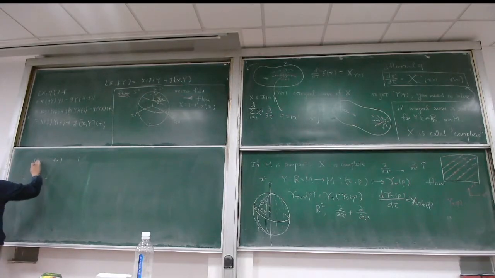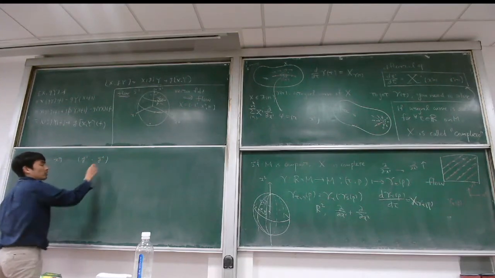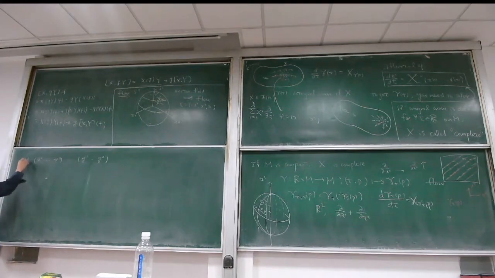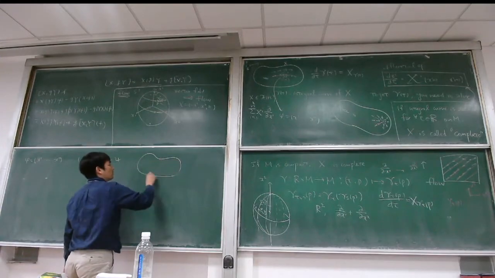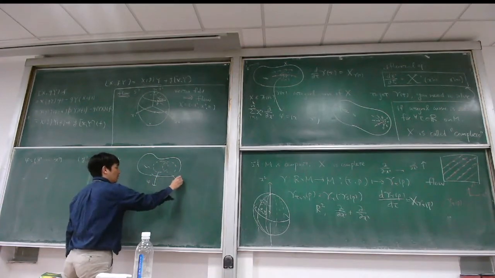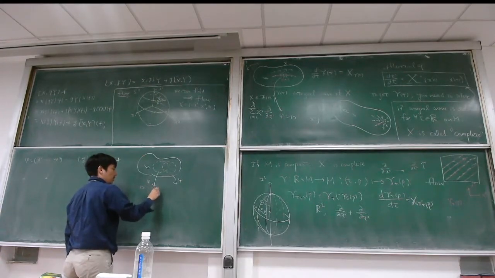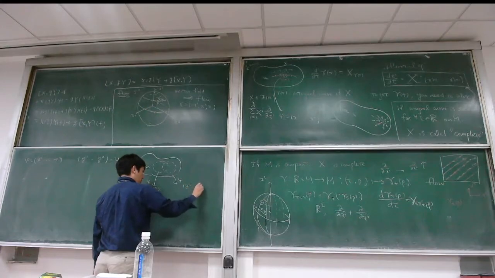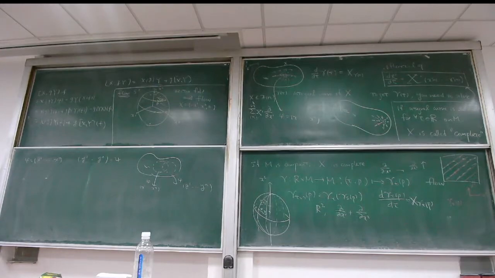Okay, let's make it very concrete. x1 to xn and y1 to yn are two local coordinates, phi and psi, of the manifold.